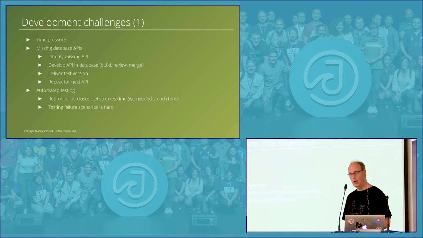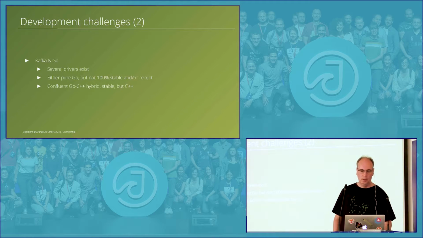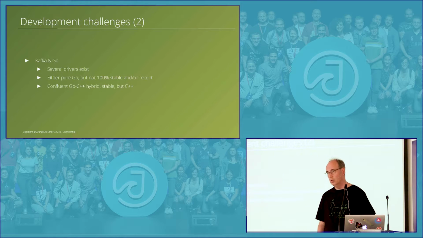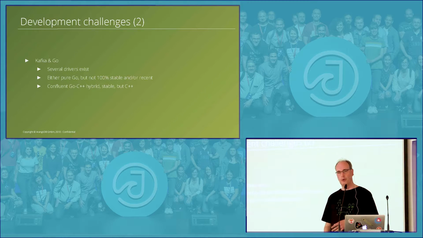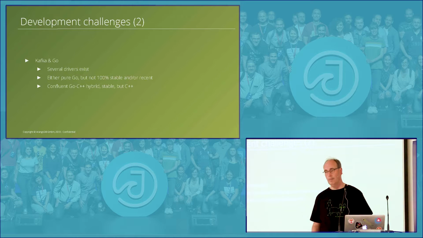And finally, we had a very big challenge with Kafka and Go. Kafka, as you probably know, is a Java product, and there are lots of very good Java drivers for it. And there are some Go drivers for it, but to be honest, we had problems with pretty much all of them.